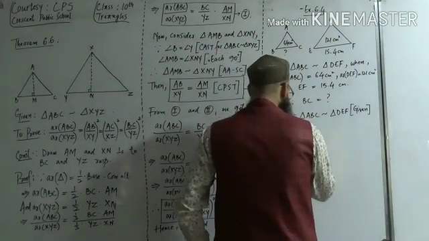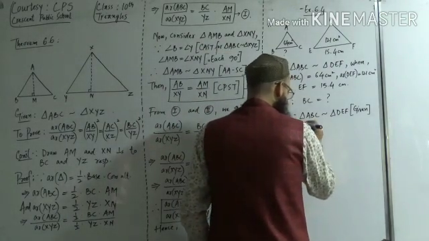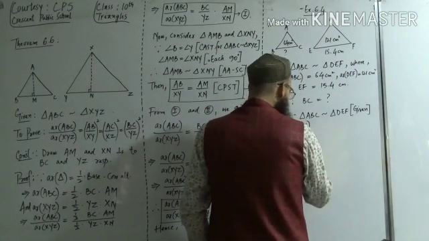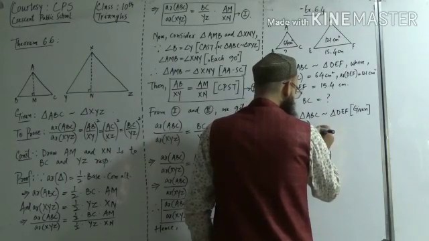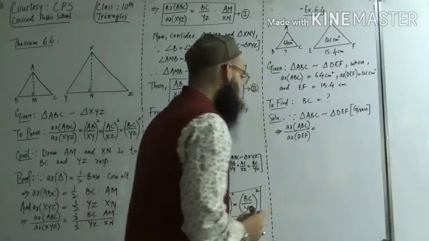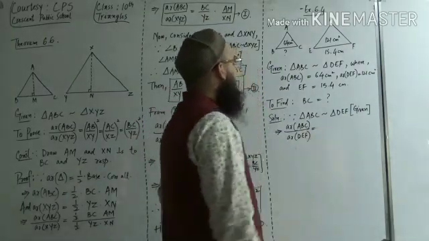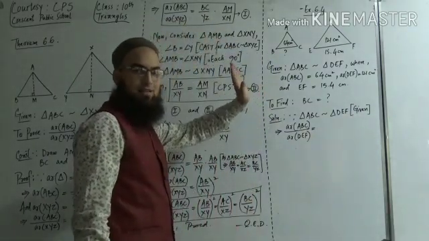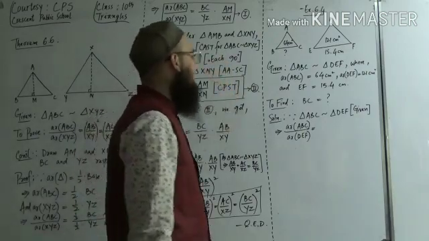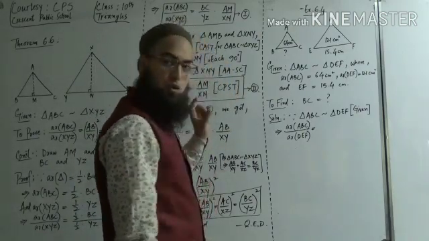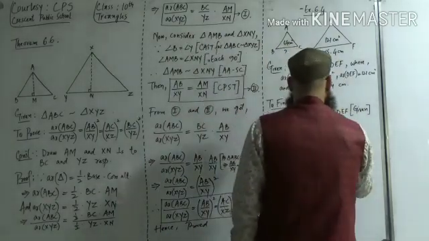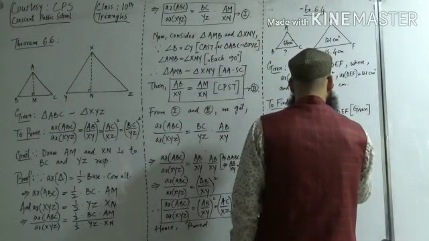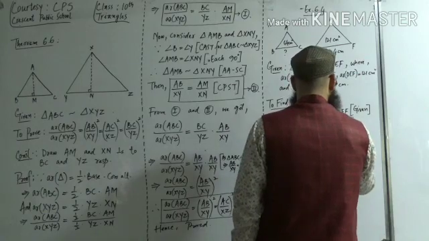So I can say, which implies that area of ABC divided by area of DEF is equal to the square of the ratio of any corresponding sides. So I take BC by EF, then whole square.